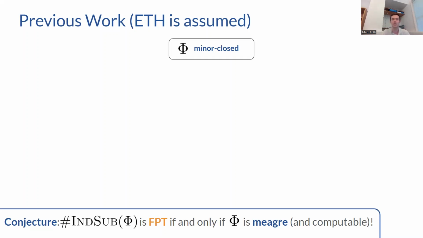A property is minor-closed if it's closed under vertex removal, edge removal, and edge contraction. For example, the properties of being planar or acyclic are minor-closed. And Jerrum and Meeks, a couple of years ago, among others, proved that this conjecture is true, again assuming ETH, if phi is a minor-closed graph property.